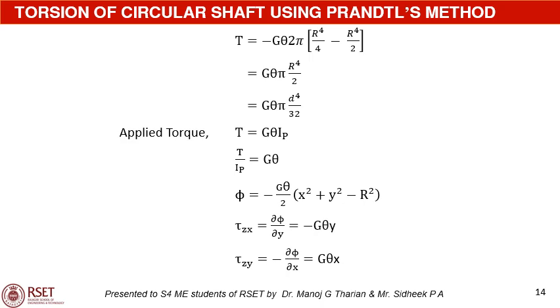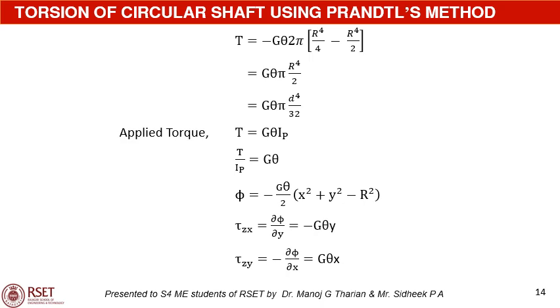to Gθ. Now, for finding out the shear stress components tau zx and tau zy, we use the Prandtl stress function phi. Phi is equal to minus Gθ by 2 into x square plus y square minus r square. The shear stress components are given by tau zx equal to ∂phi/∂y.